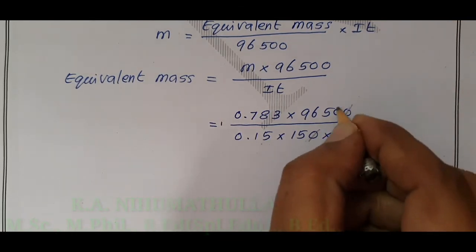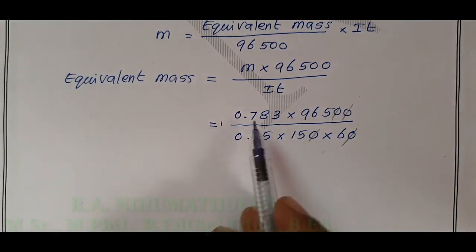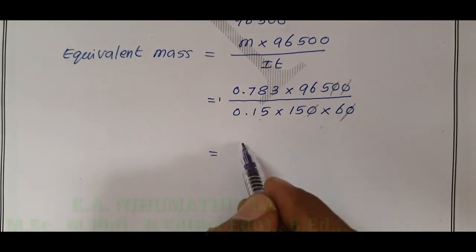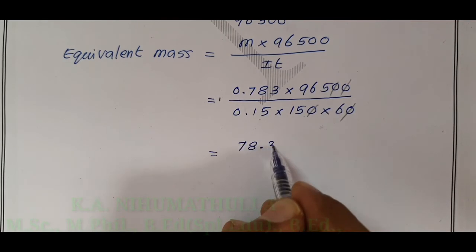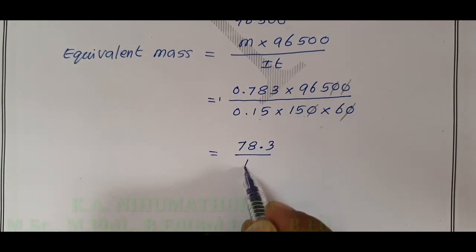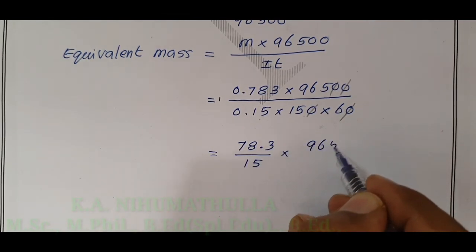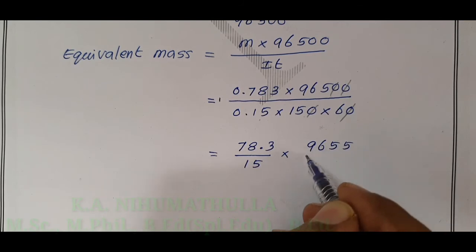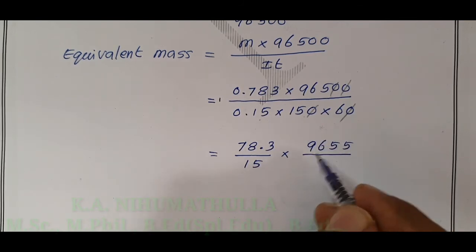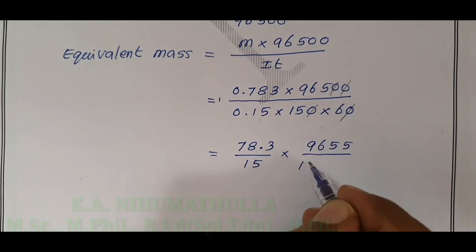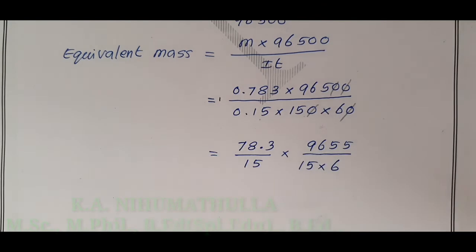10 gets cancelled. Multiply this fraction value by 100. So you will get 78.3 divided by 100, 15 into 96500 by 15 into 6. In our denominator and numerator, we have only 965.